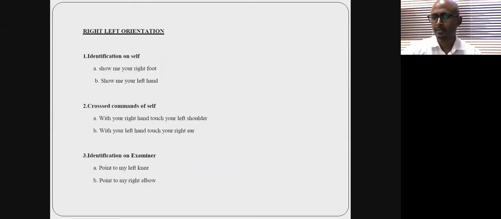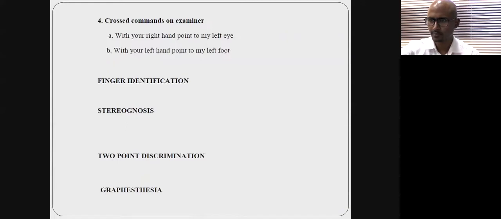As a part of the parietal lobe function, we also check right and left orientation. We ask them to point to the right side and the left side. If you're still thinking of a parietal lobe dysfunction and the person is normal, then you ask them to show it crossed on the person and sometimes crossed on the examiner, as mentioned in this slide. There's another syndrome in the dominant parietal lobe called Gerstmann syndrome, where you have acalculia, agraphia, and finger agnosia.